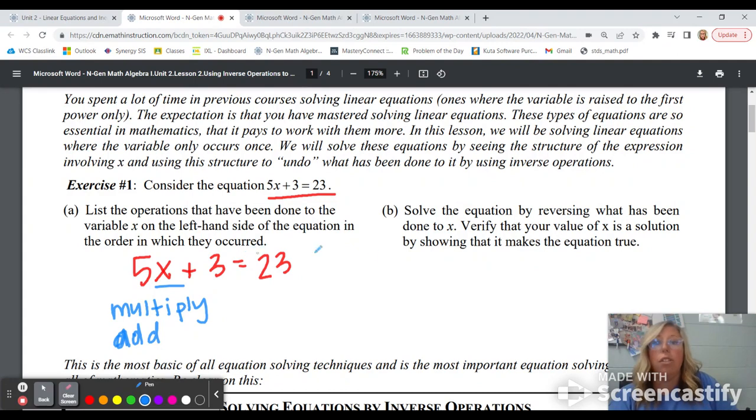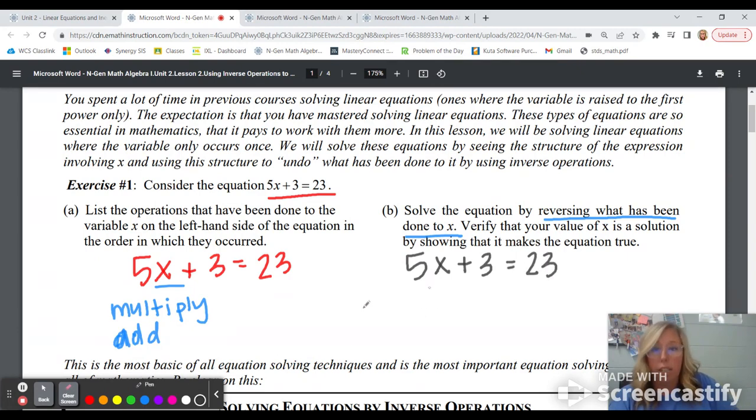Now we're going to solve that equation by reversing what has been done to x. We're going to undo addition, and then undo multiplication using inverse operations. The inverse of addition is to subtract. Let me copy this equation down again: 5x plus 3 equals 23.